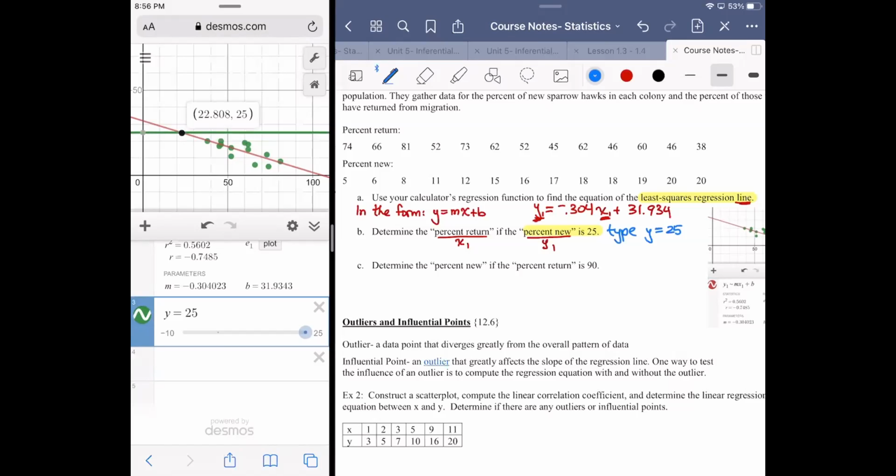Now, it's kind of weird because you would expect there to be more to it than this, but just by tapping on that intersection point, it tells you the coordinates, right? So we type y equals 25 and then tap on the intersection.